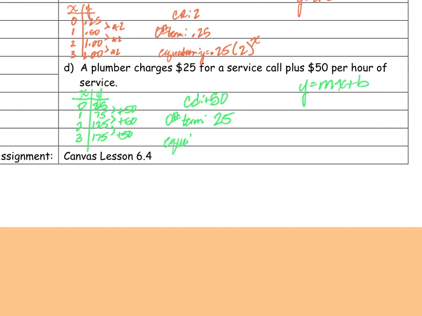So another way you can think of what goes where is my common difference always goes with the variable, or my common ratio always goes with the variable. That's another way to think about it. So this would be y equals 50x plus 25. Okay? Questions? Okay.